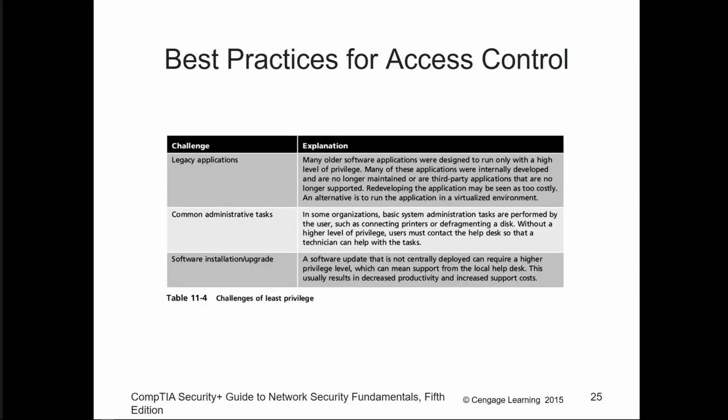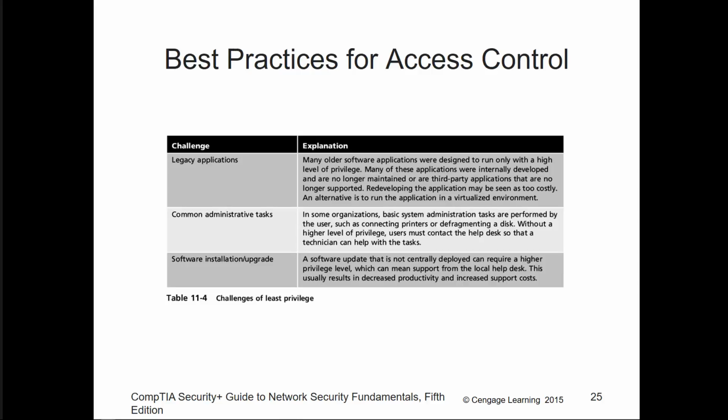They're not always centrally deployed, and that means you may require higher level privileges, so users may have to install them, or specific users with the appropriate permission may be able to install them. And those are all concerns with that least privilege concept. However, long term, that is actually a better level of protection.